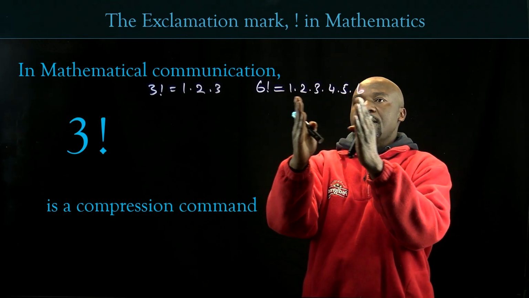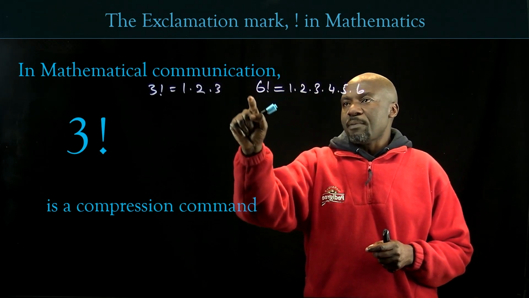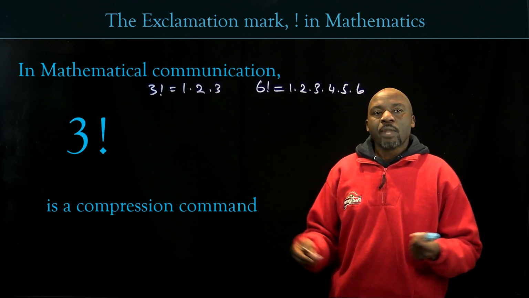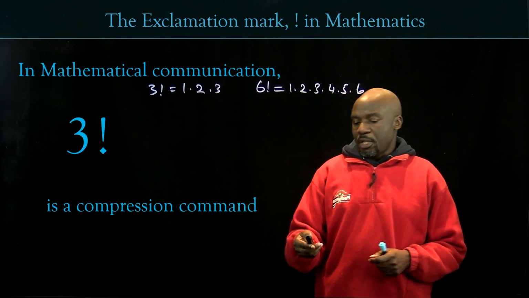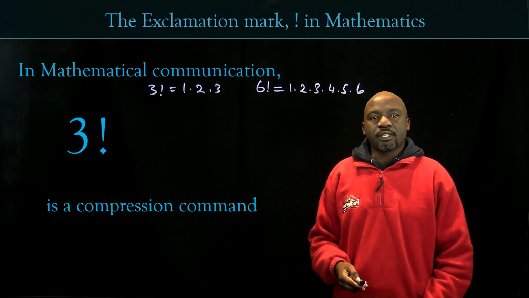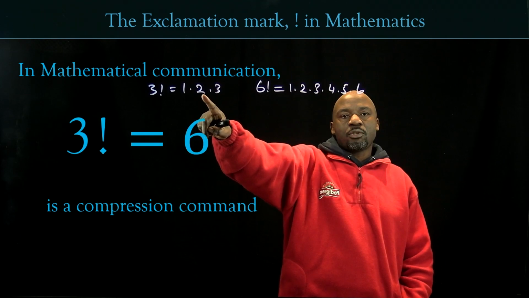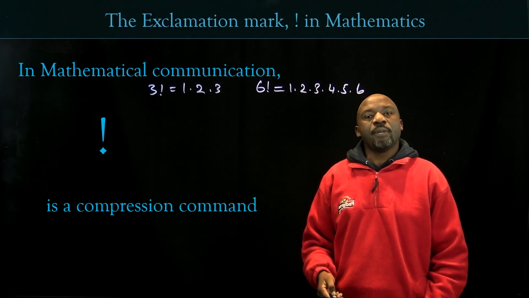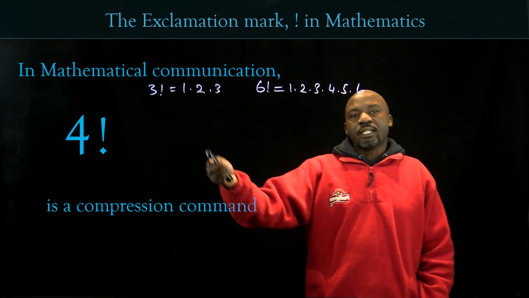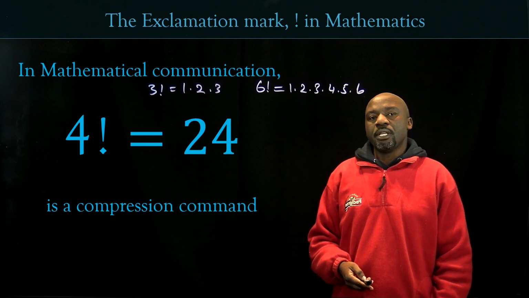It compresses this product of numbers into something very, very simple, which will suit any mathematician, okay? And for that reason, 3 factorial, 3 with an exclamation mark on the side like that, will usually mean 6 because it is 1 times 2 times 3, okay? Similarly, 4 factorial would mean 1 times 2 times 3 times 4, which, if you check carefully, will be 24.